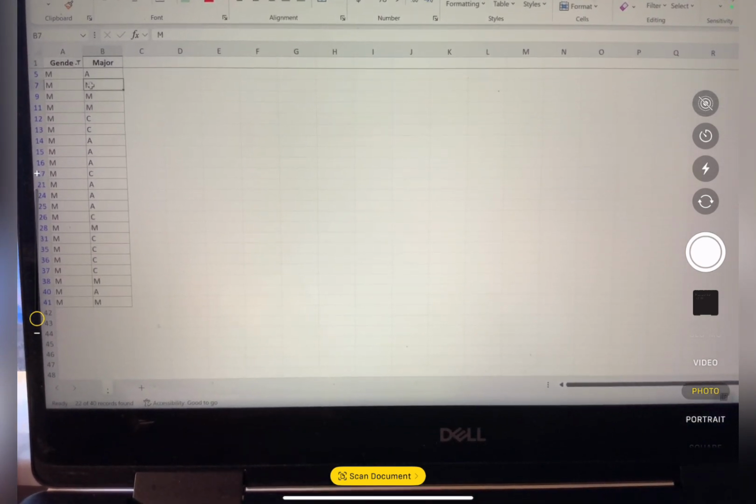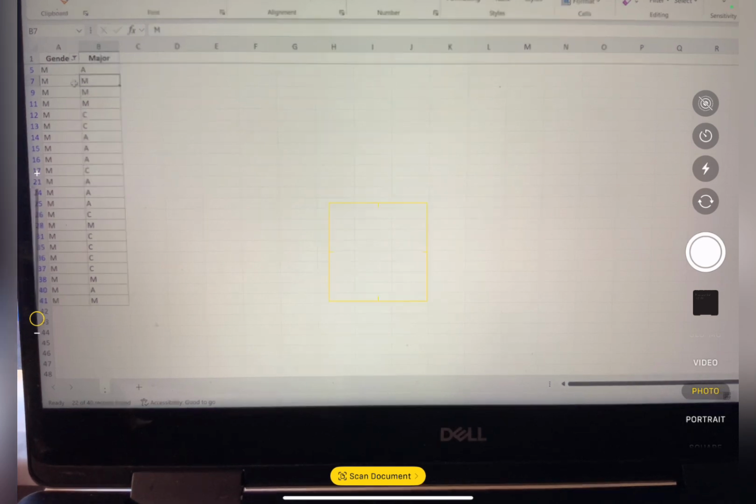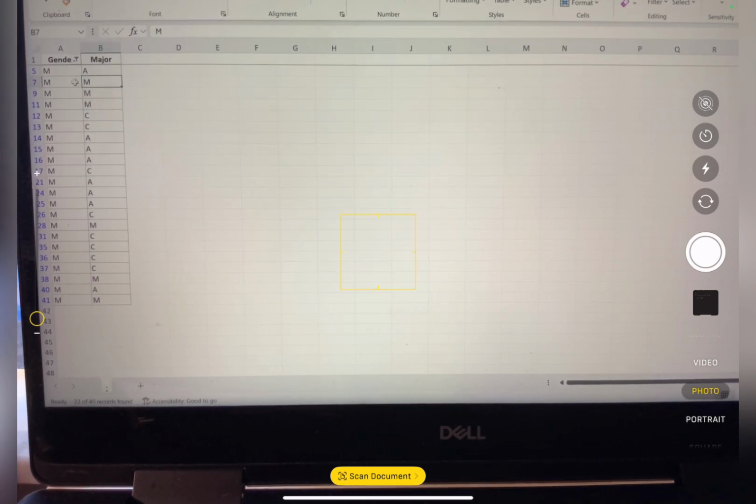So I'm holding the control button on the keyboard, and then clicking on all marketing cells. Okay, I clicked. All right, I have it.